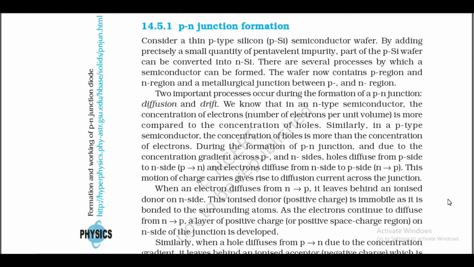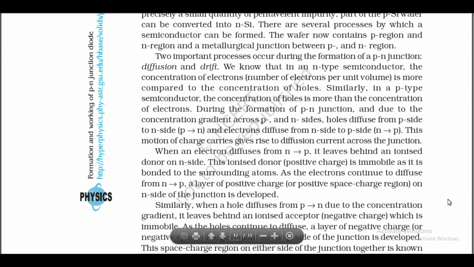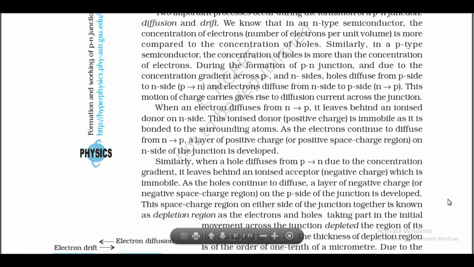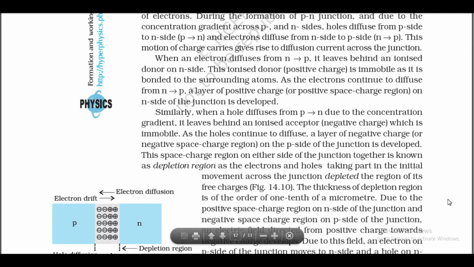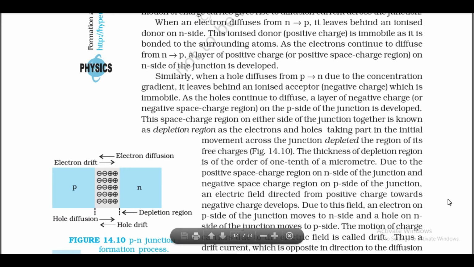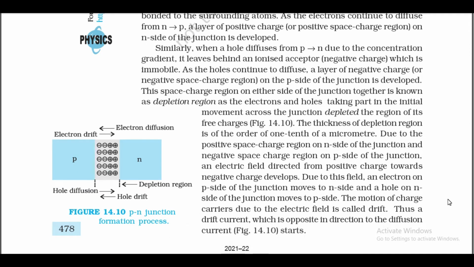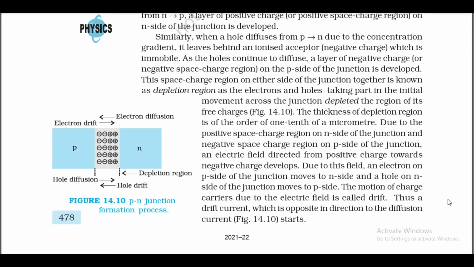When an electron diffuses from N to P, it leaves behind an ionized donor on the N side. This ionized donor positive charge is immobile as it is bonded to the surrounding atoms. As the electrons continue to diffuse from N to P, a layer of positive charge, or positive space charge region, on the N side of the junction is developed.